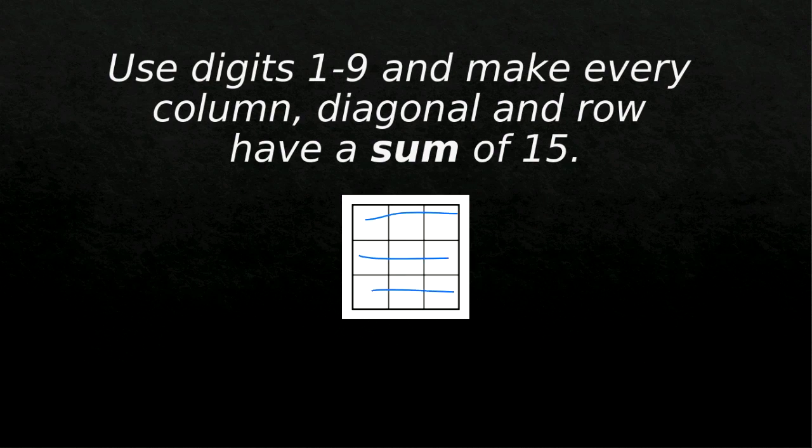So when you are done, you will have every row, every column, and every diagonal equaling 15. This is quite the challenge. You keep putting the digits 1, 2, 3, 4, 5, 6, 7, 8, 9 into the little boxes until you have the sum of 15 in all those ways.